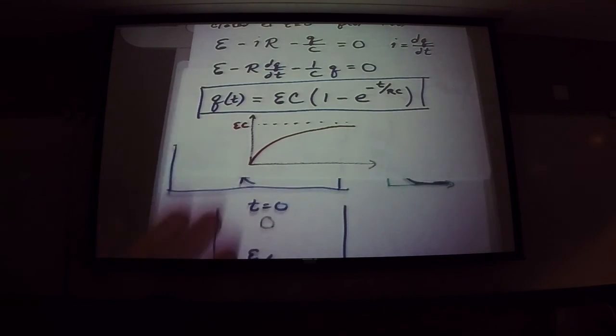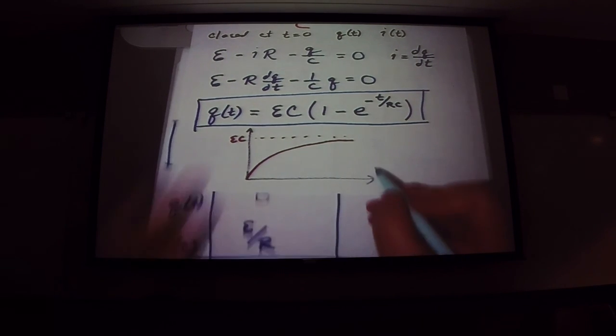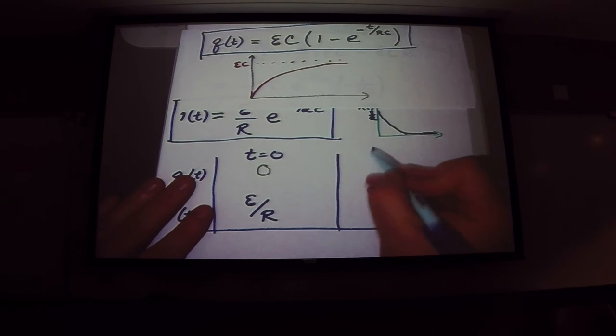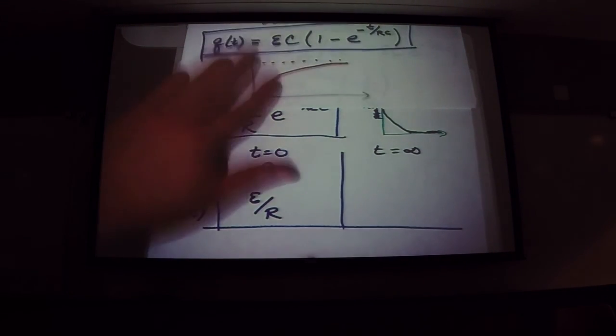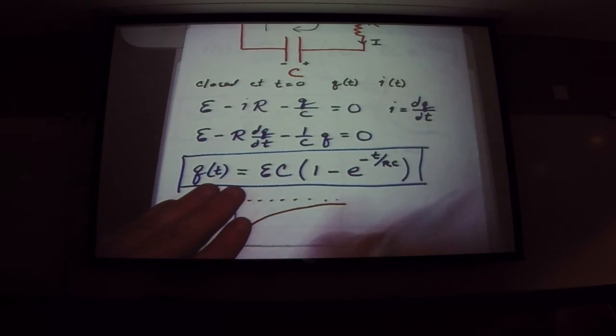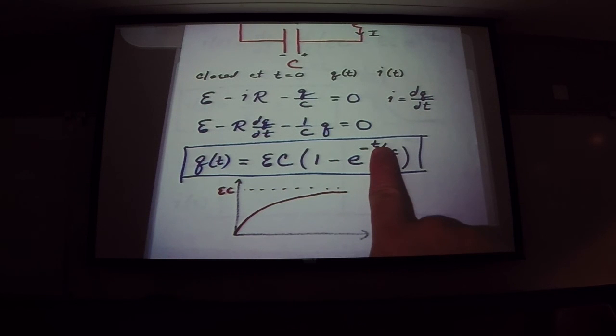Let's take a look at the other limiting case, which is what we call a long time. What's a long time in mathematics? Infinity. So we're going to look at t equals infinity here. Let's look at the charge. Put infinity in here.